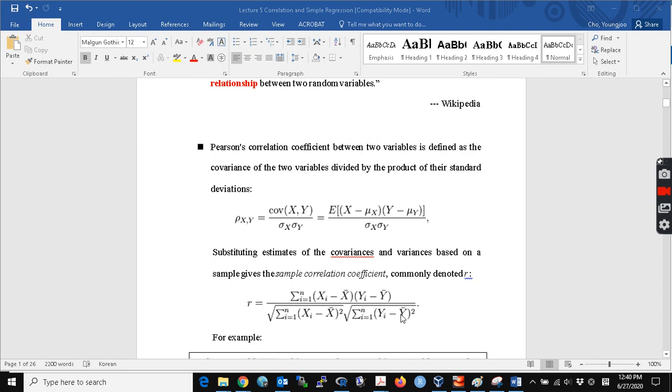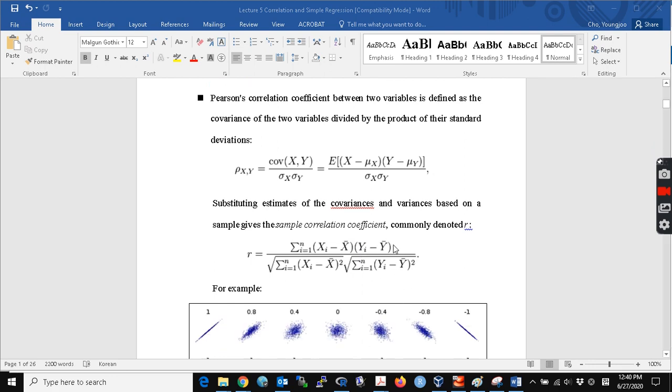And then we can estimate the population Pearson correlation coefficient by the sample correlation coefficient, which we denote as R. We replace the population covariance by the sample covariance, and the population standard deviations of x and y by the sample standard deviation of x and sample standard deviation of y. So we have this relationship.